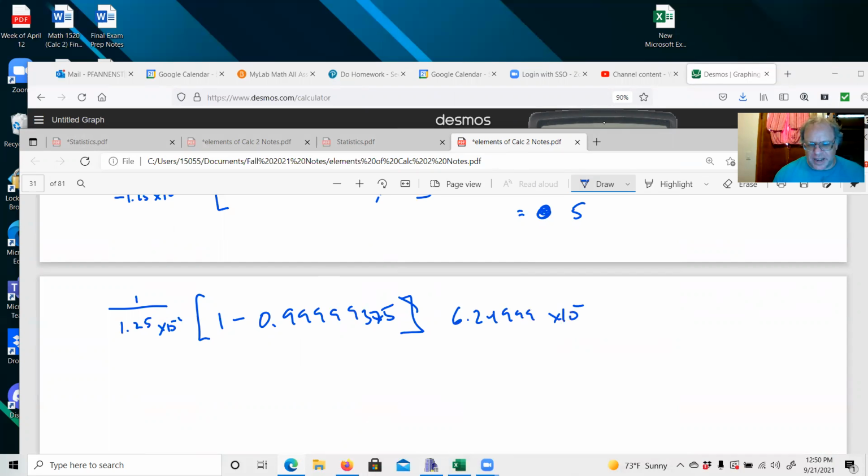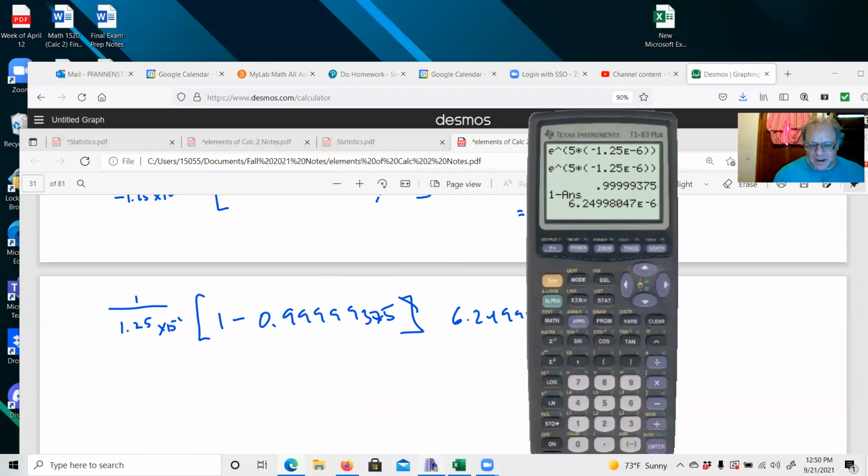6.24999 times 10 to the negative 6th. Then what we're going to do is divide it, because it's a division, by 1.25, second function EE for our scientific notation, negative 6, equals.